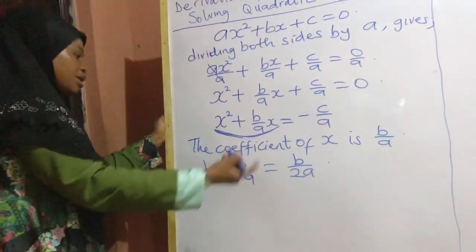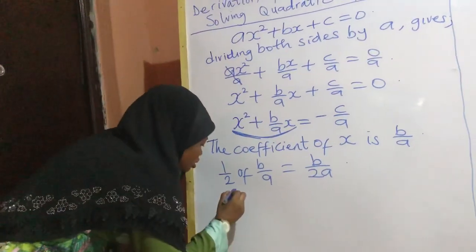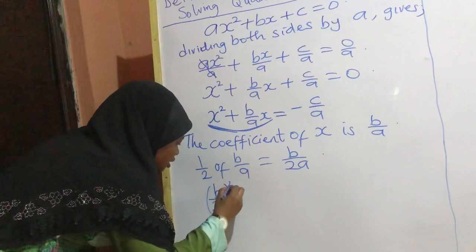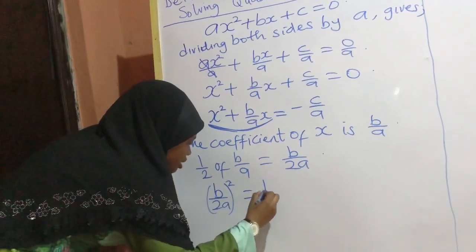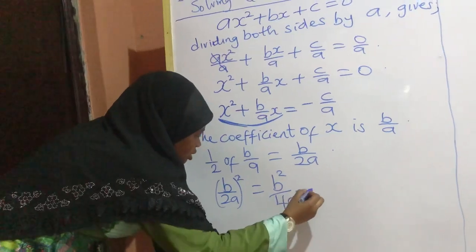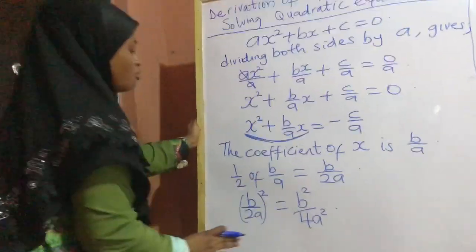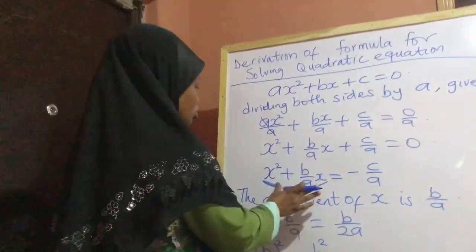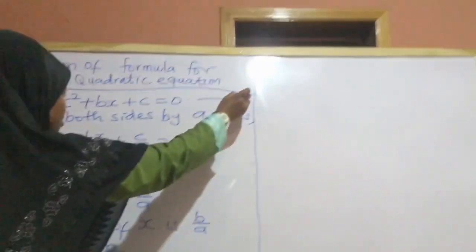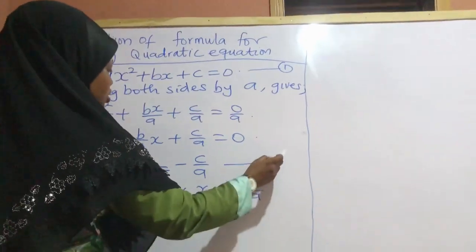Now we need to square b over 2a. So squaring b over 2a is equal to b squared over 4a squared. So this b squared over 4a squared, we are going to add it to both sides of this equation. Let's call this one equation 1 and call this one equation 2.